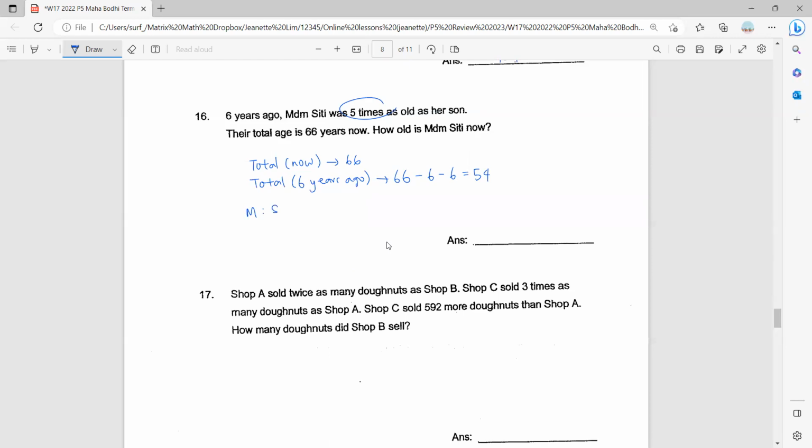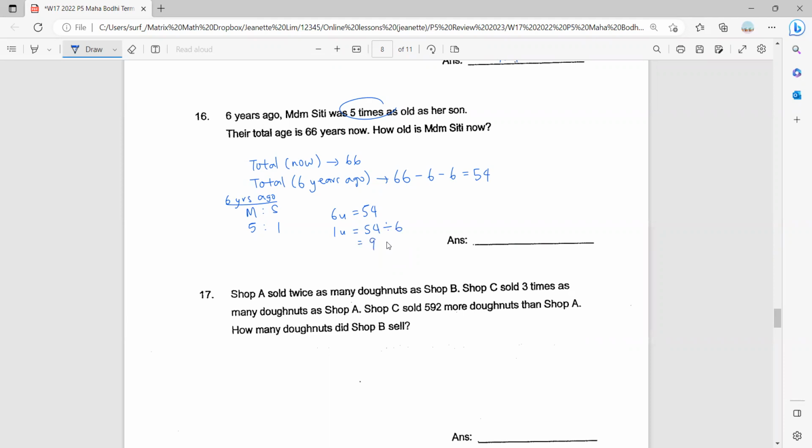This is 6 years ago. So the total is 6 units, right? So 6 units is 54. Okay, maybe right here, 6 years ago, total is 54. So 1 unit is 9.